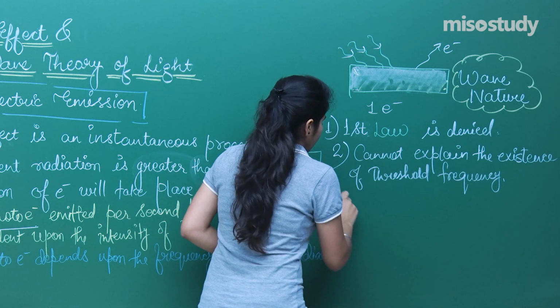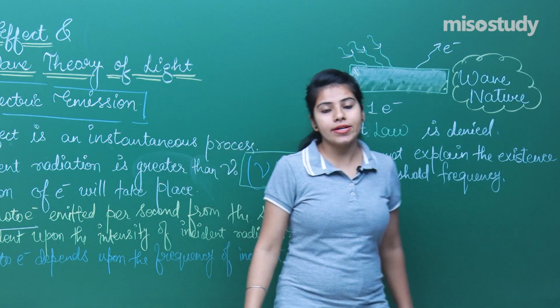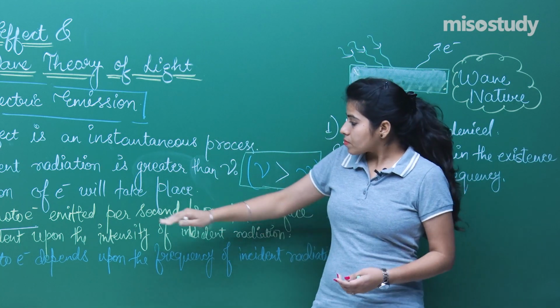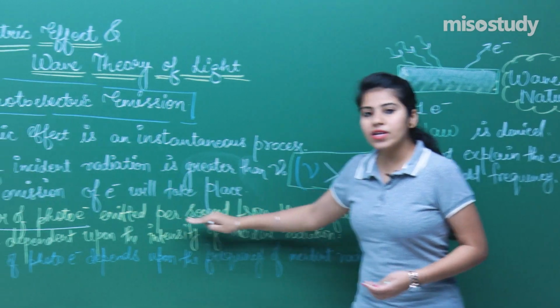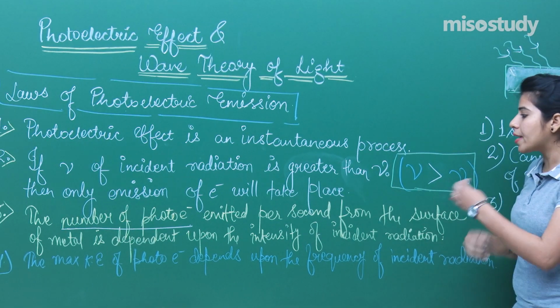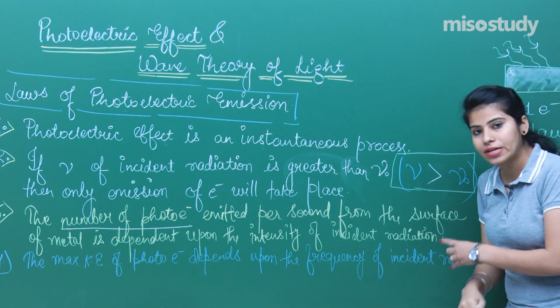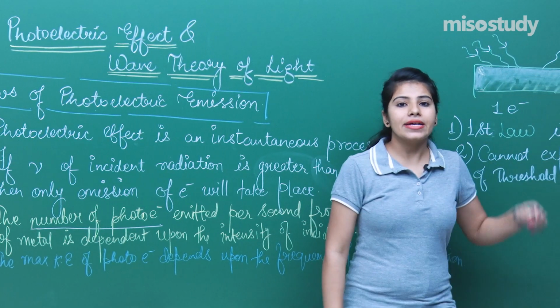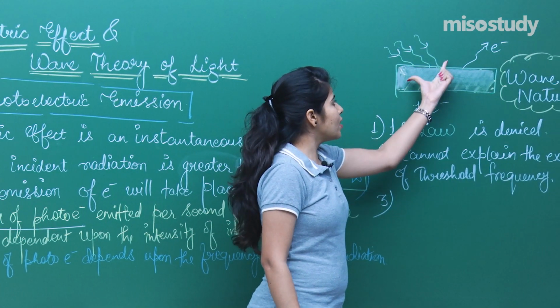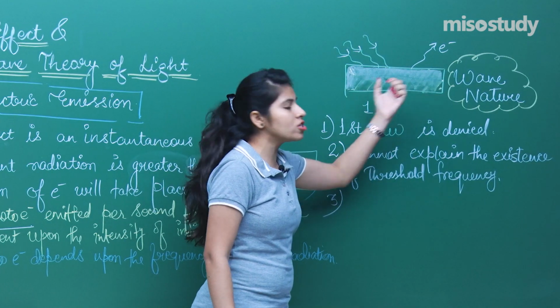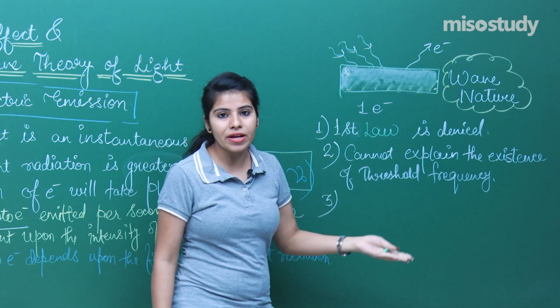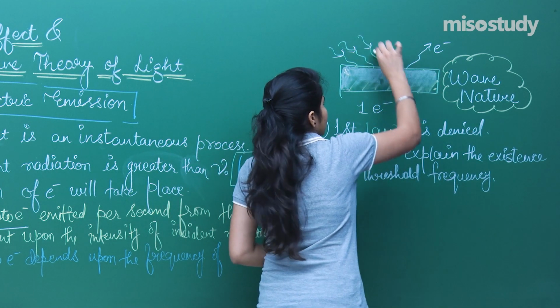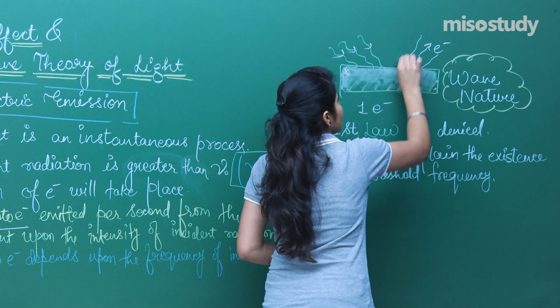Now, if I move to the third point, the number of photoelectrons emitted per second from the surface of the metal is dependent upon the intensity of light. The number of radiations falling will determine the number of photoelectrons emitted.